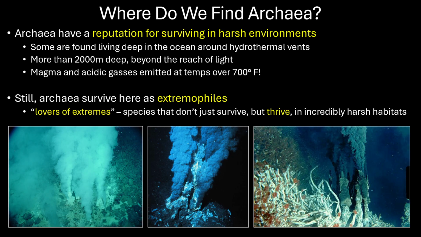It's incredibly extreme. Extreme is the word. And so some Archaea live in these environments as extremophiles, which really means lover of extremes. They don't just survive or tolerate these conditions, they thrive in them. This is where they prefer to live.